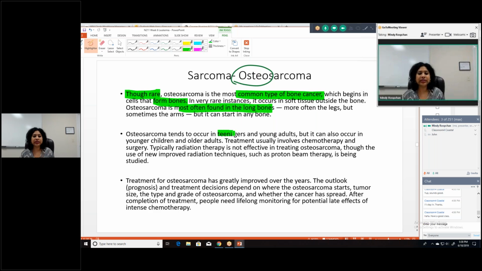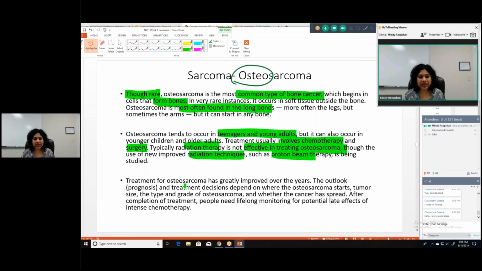It tends to occur in teenagers and young adults, could also be younger children or even older adults, and it involves chemotherapy and surgery. Radiation is not effective in treating it, but there are new improved radiation techniques like proton beam that are being studied right now. The treatment has improved over the years.